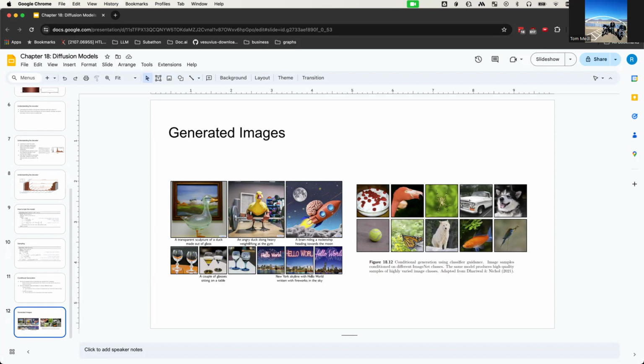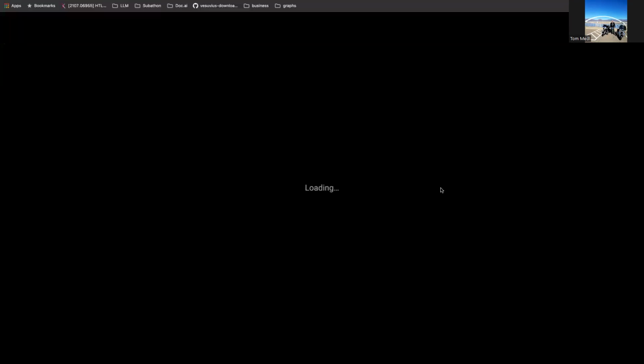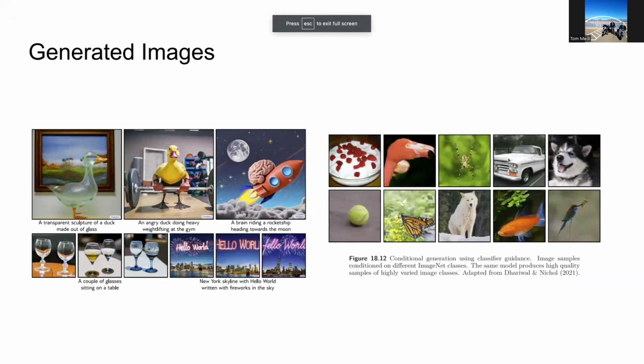On your generated images on the left, it seems like there are so many different combinations of text, right? I mean, even if you're limiting it to a certain number of characters.